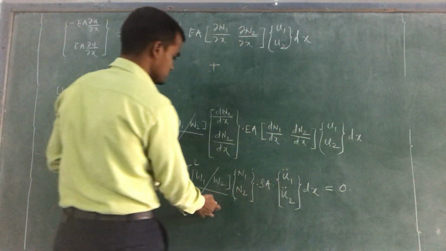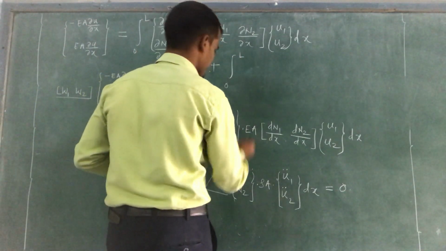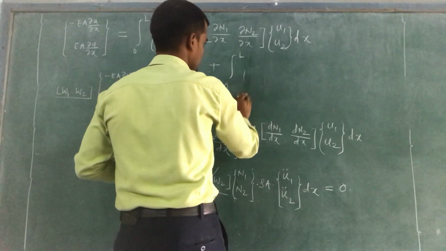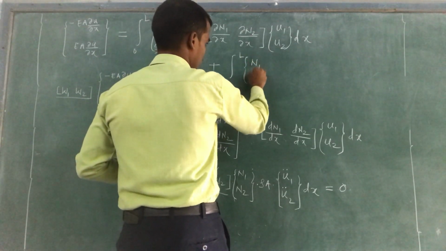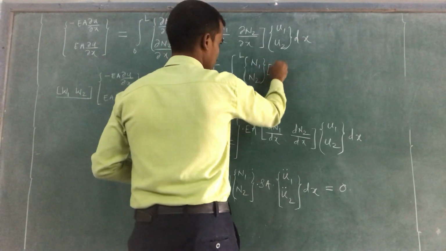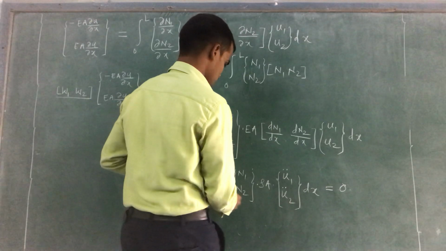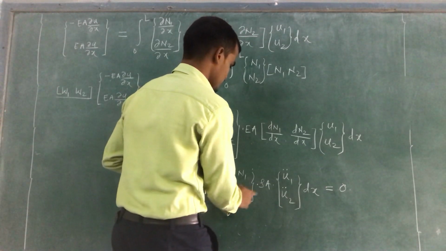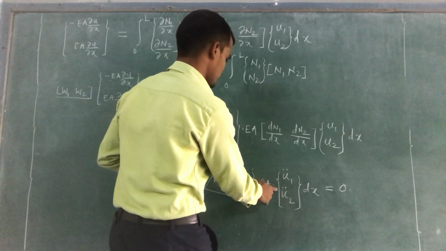Plus, because we are transferring this term from the other side, it will become plus integration 0 to L, N1 and 2 into rho A into N1 and 2.